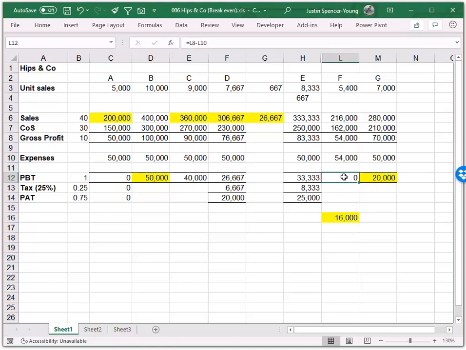This can be very useful in our planning in a business around what if you're renting more space and employing more people, incurring extra fixed costs, how will it impact the amount of sales that you need to do in order to break even.